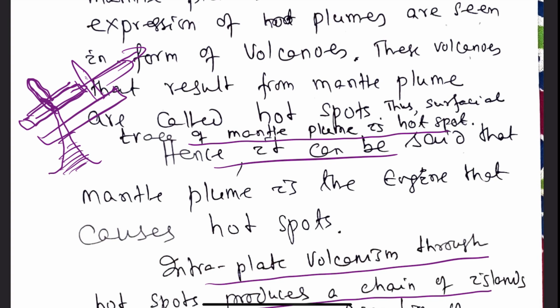This will be the first volcano, then another volcano will be created here, then the plate will move. So we will have here one volcano, here is another volcano, and another volcano will come up here.